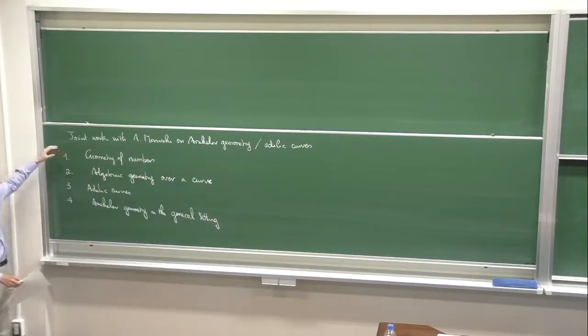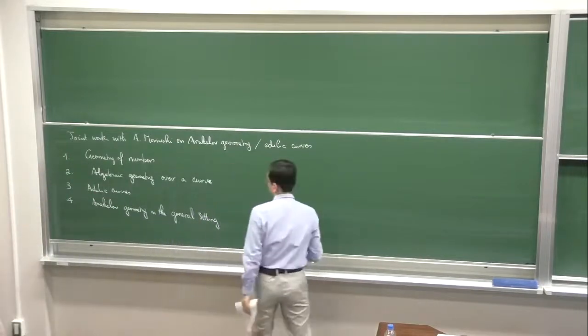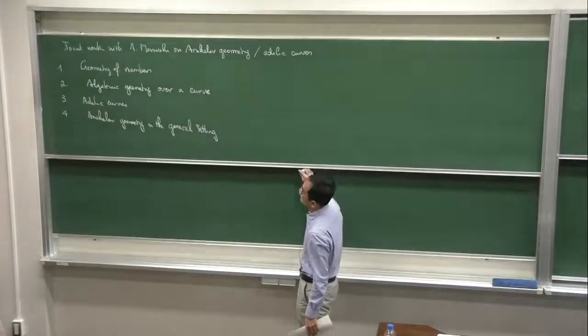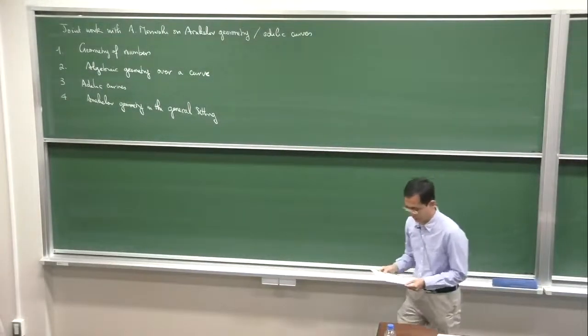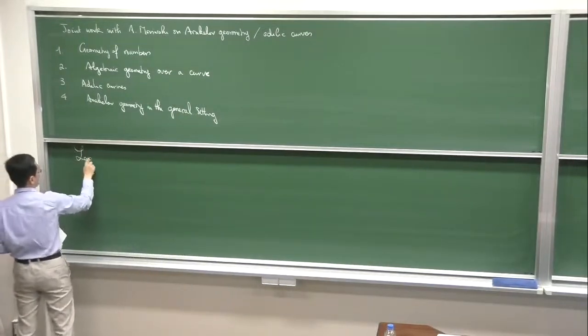Today I will mostly focus on the geometry of numbers and how to view it in some modern way of Arakelov geometry of a number field. So I begin the first lecture.